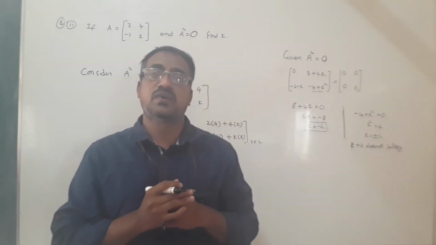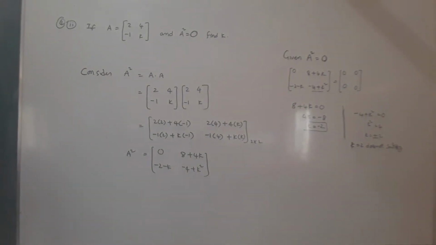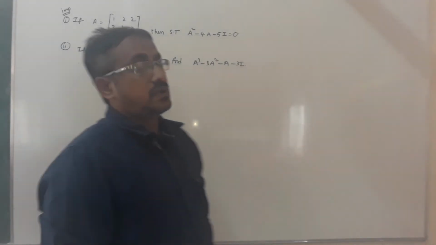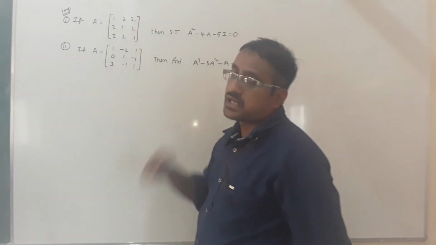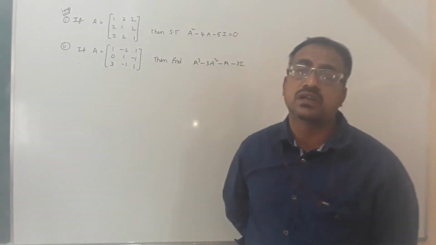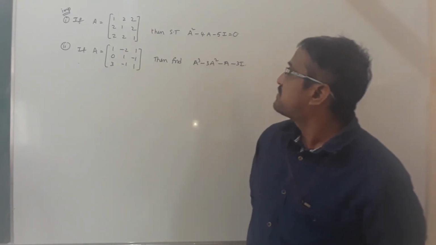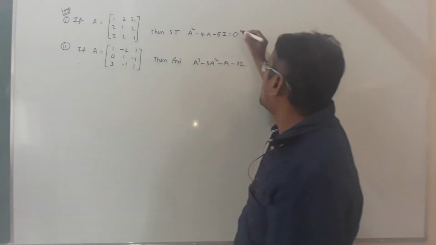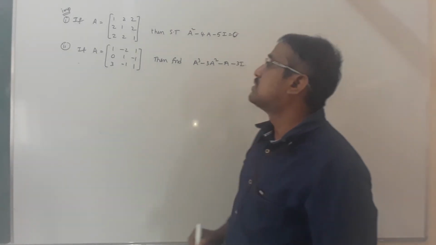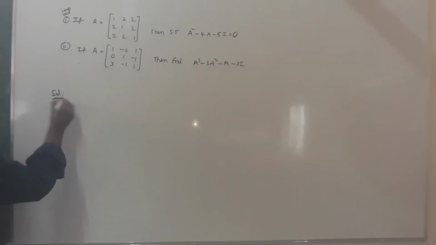Very, very important problem. Another important problem. If capital A is equal to matrix 1, 2, 2, 2, 1, 2, 2, 2, 1, then show that A square minus 4A minus 5I is equal to O. So let us find the solution.